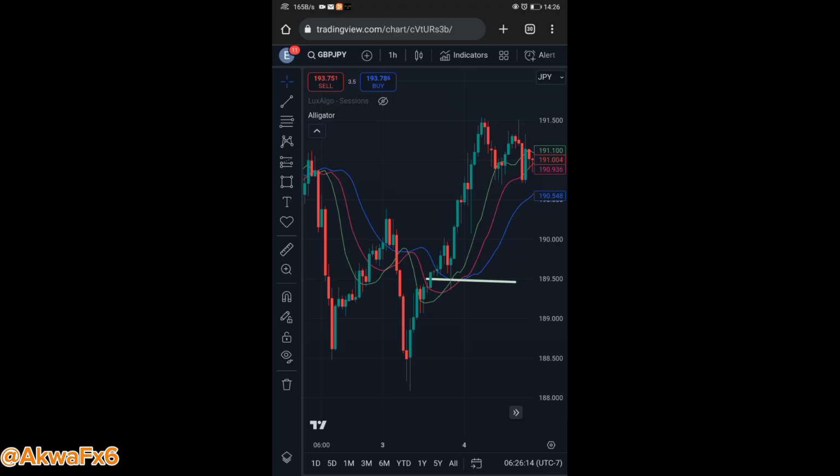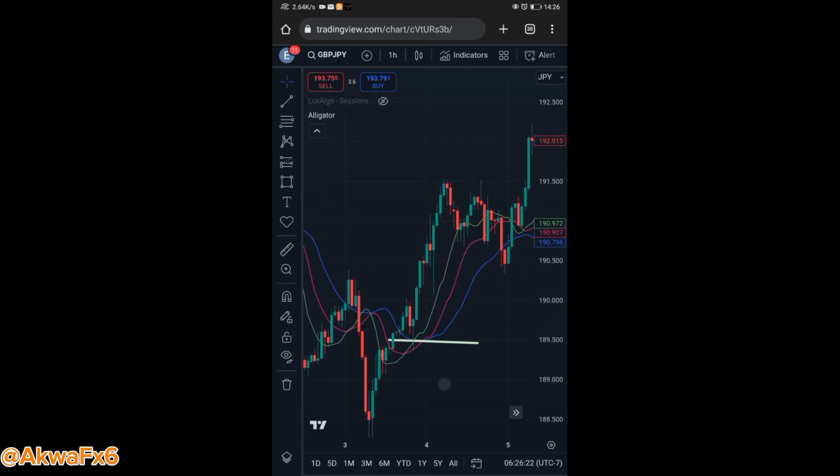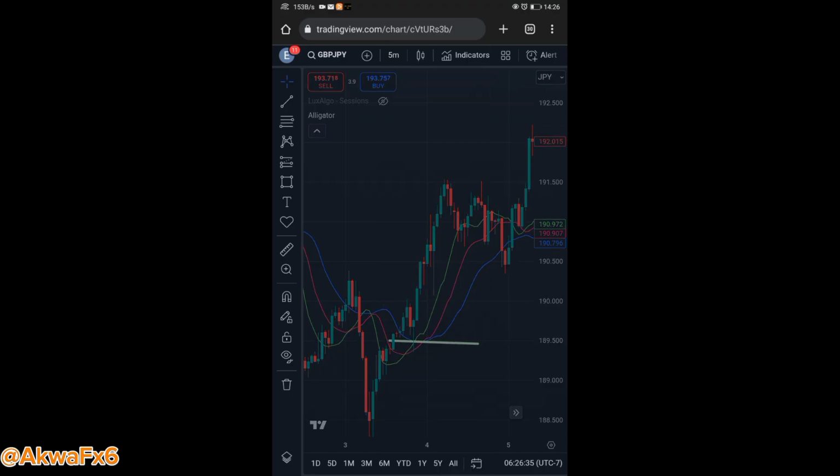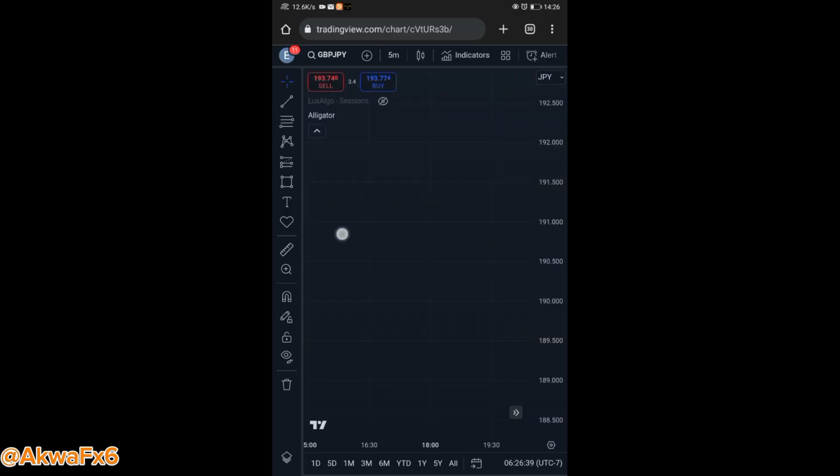Trading is not easy, so you really have to study many things and choose the one that works for you. So since the market is above this alligator, we move to our 5 minutes chart. The main thing is for you to know the trend. Since you've known the trend, now move to your 5 minutes chart.